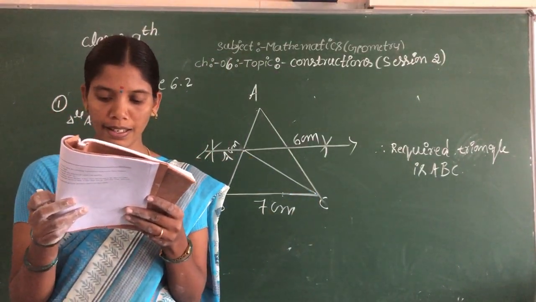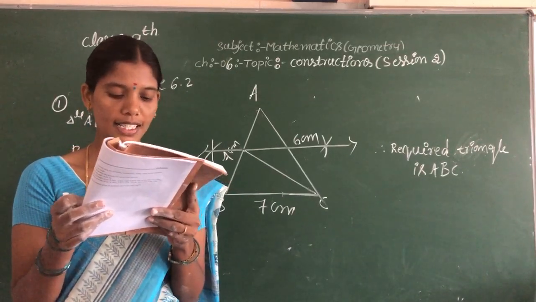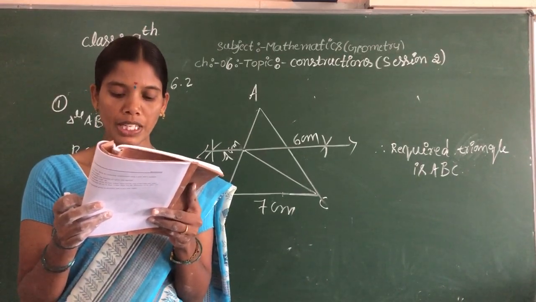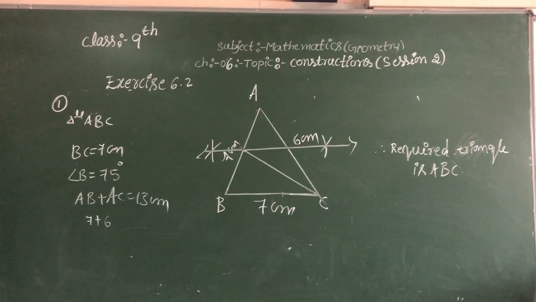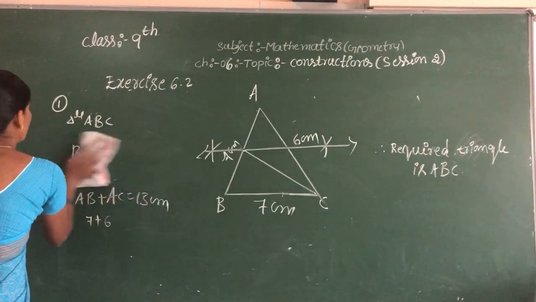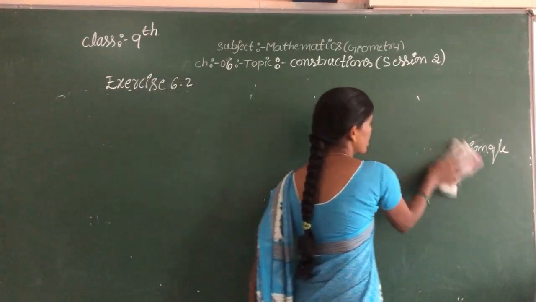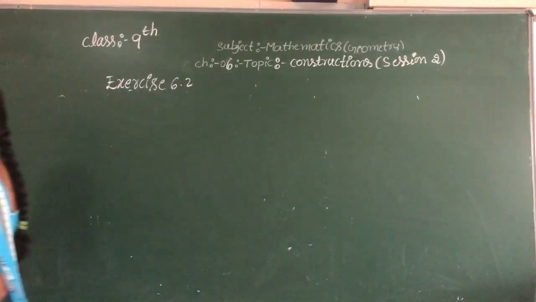Construct a triangle. This is hard, but the second one is different. Construct a triangle ABC in which BC is equal to 8 centimeter. Angle B is equal to 45 degree. AB minus AC is equal to 3.5 centimeter. This is hard in the two sides, but the second question differs from the two sides.